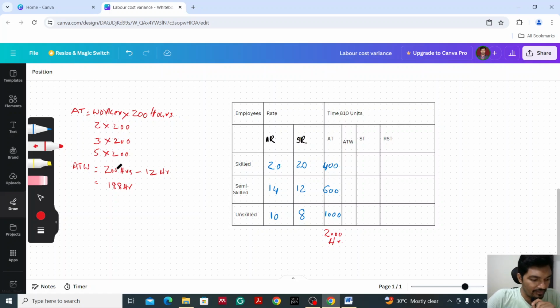So again here we use the same method, how we calculated in the actual data: 2 workers, 3 workers, 5 workers. So 2 into 188 hours, same method, but we have subtracted the idle time.